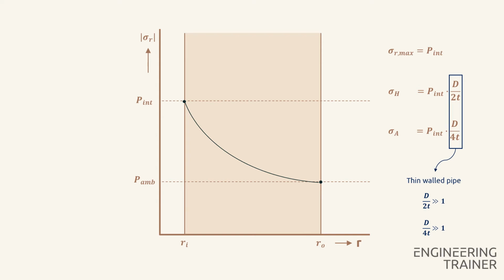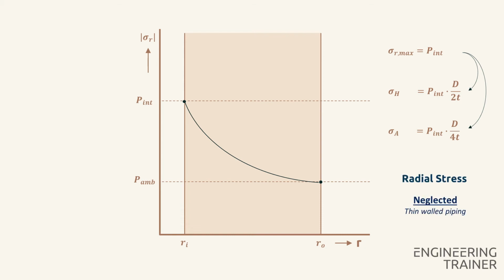In other words, there's a factor much larger than 1 between the maximum radial stress value and the hoop stress value, and between the maximum radial stress value and the axial stress value. As a result, we find that the hoop stress is much larger than the radial stress, and that the axial stress is much larger than the radial stress. Therefore, the radial stress is typically neglected for thin-walled piping.